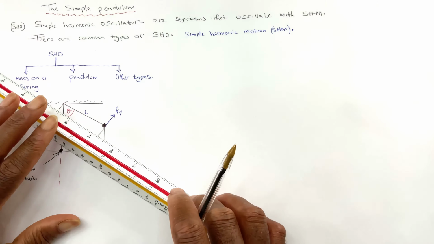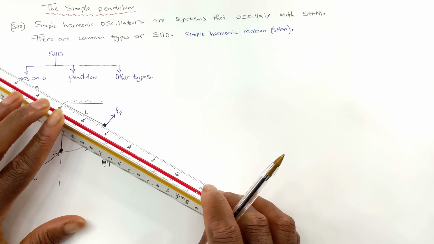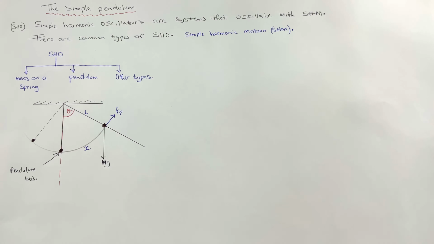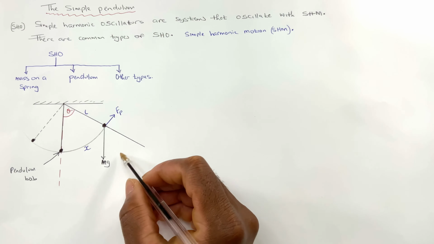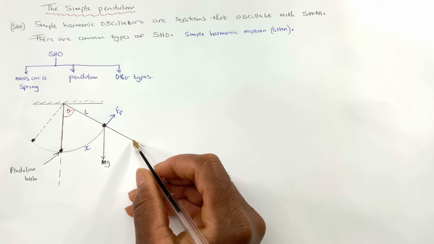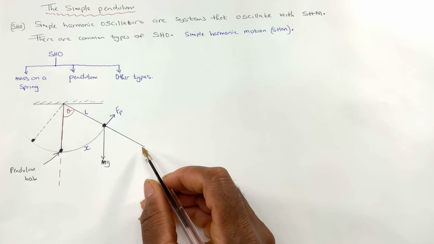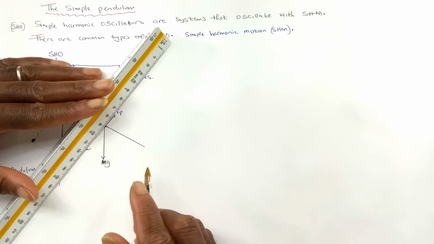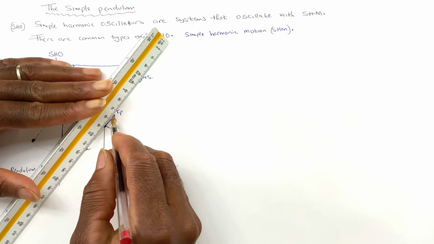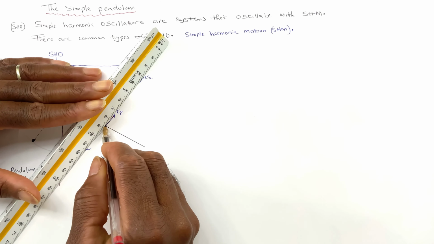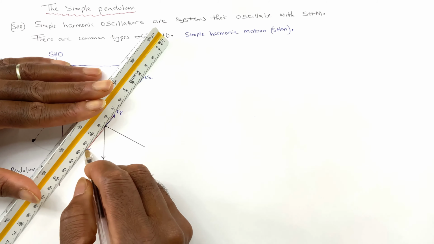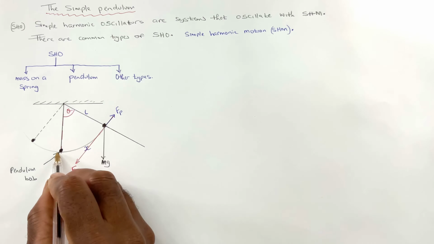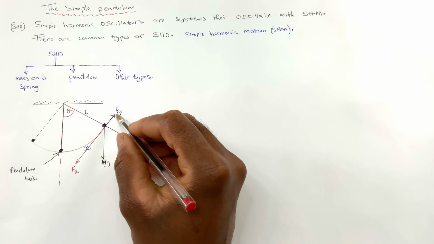If I extend the line, I can draw a line perpendicular to that tangent line, and that perpendicular will be parallel to the pulling force. Here's the pulling force, it's tangential. That's the restoring force, trying to restore it back to the equilibrium. And this is the pulling force in the opposite direction.